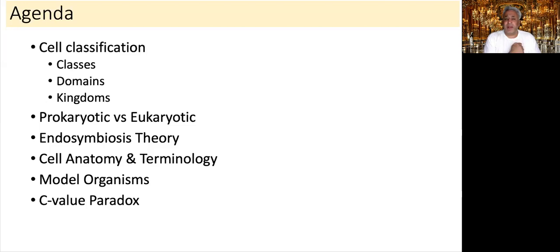Very important in a class like this, where using the right terminology at the right time conveys the right message to the listener. Then we look at model organisms, sometimes confusing for students, so I'll try to make it as easy as possible.